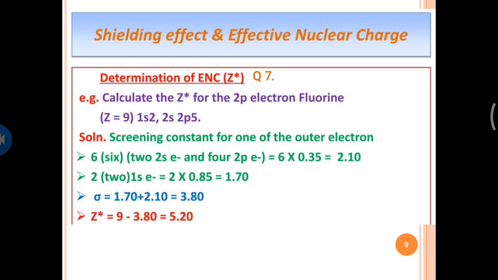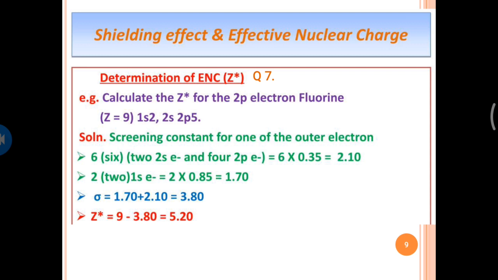So now we calculate the shielding effect and effective nuclear charge. Question 7: calculate the Z star, meaning effective nuclear charge, for a 2p electron of fluorine.